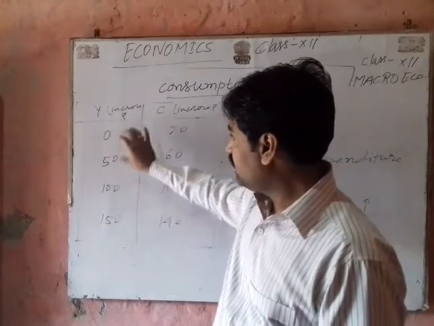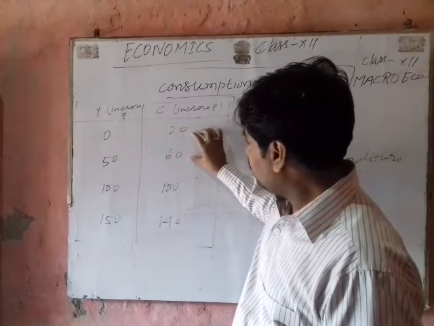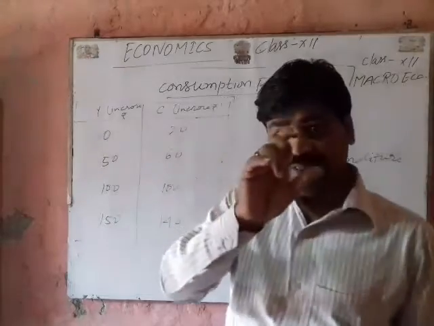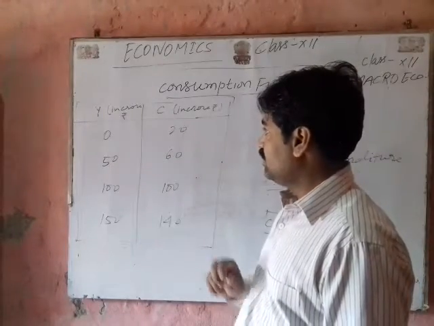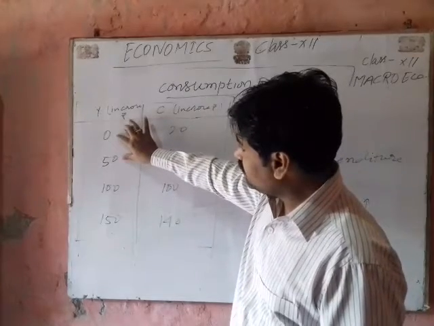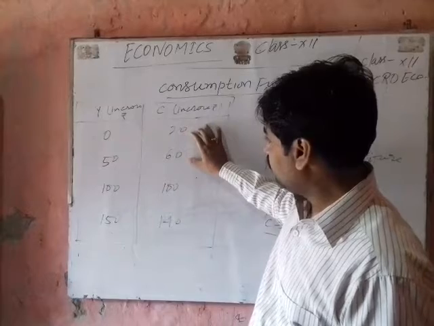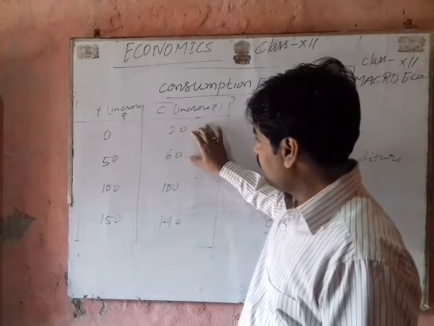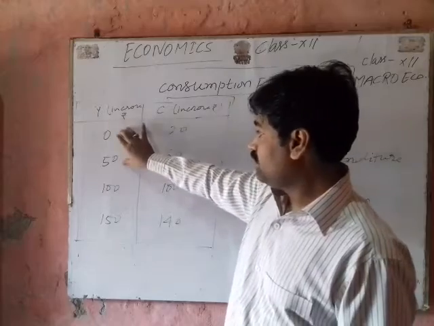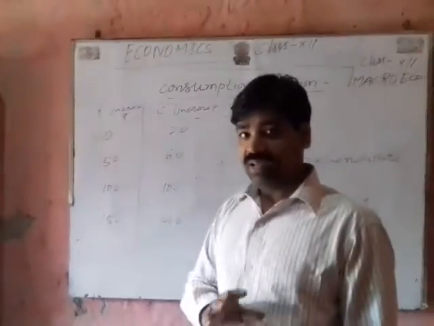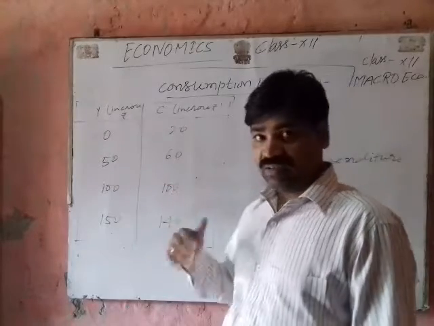And third, consumption doesn't increase with the same rate of increase in income. Here we see that increase in income is 50 crore, but in the consumption there is the increase of 40 crore. It means 10 crore has been saved, and there is a gap between the income and consumption.